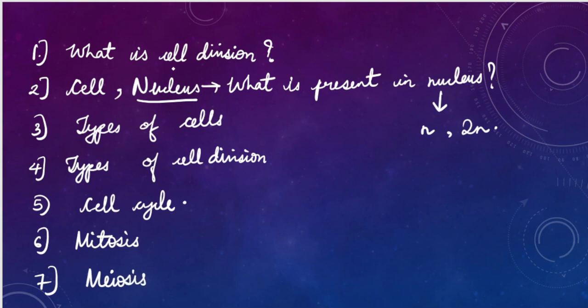So the very first point we will start with is the cell division part. I hope you have understood till here. So we will begin with our first point, that is cell division.